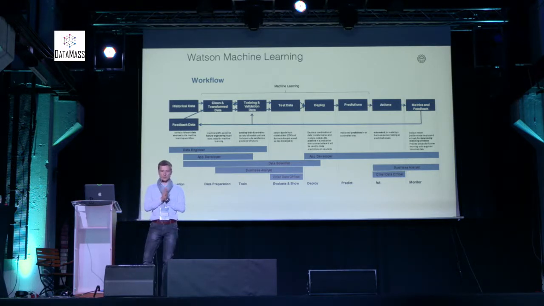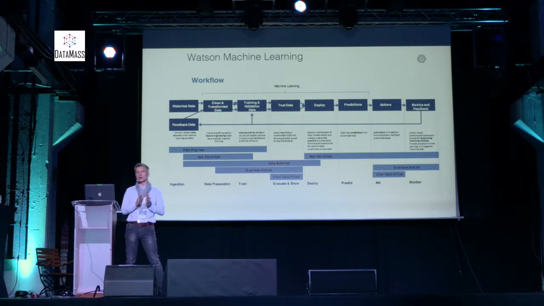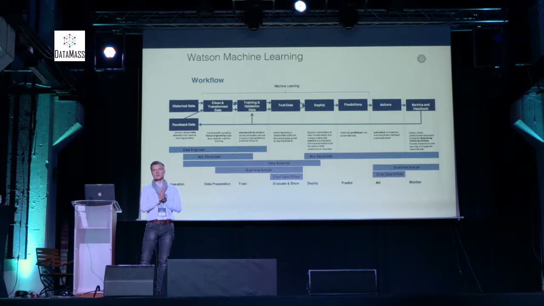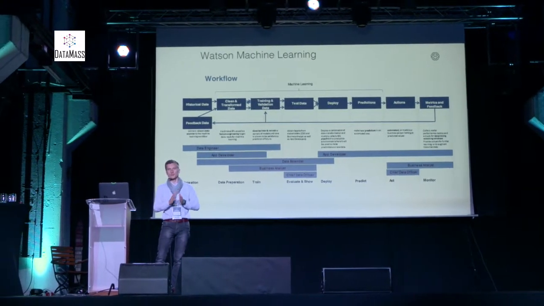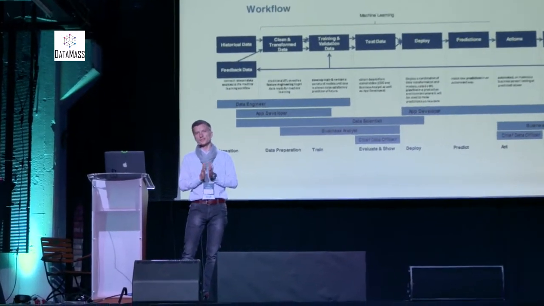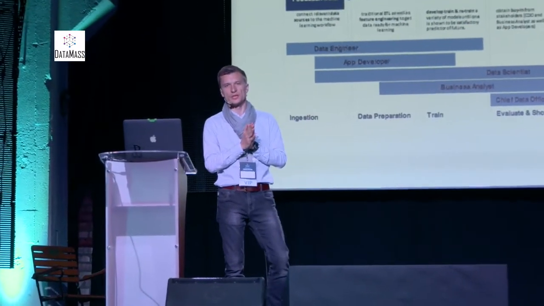Maybe a story first. There was a telco company which wanted a really good predictive model to predict customer satisfaction. They came up with such a model and sent the results to the marketing department. The marketing department took the list of customers predicted as not satisfied with the current offering and called them.